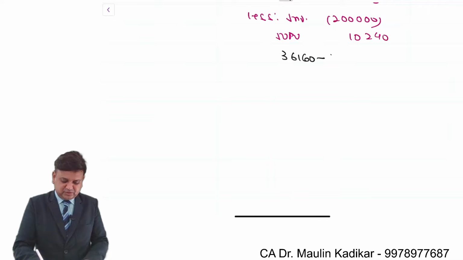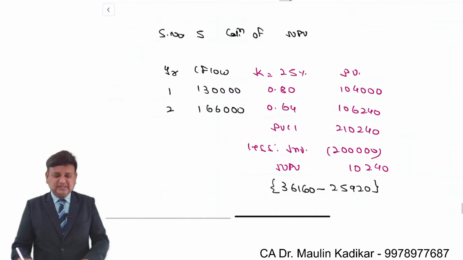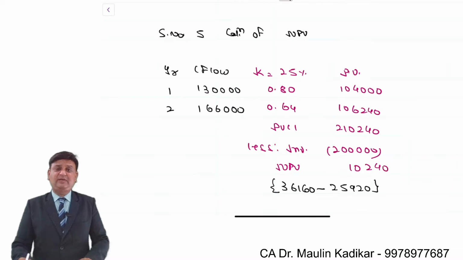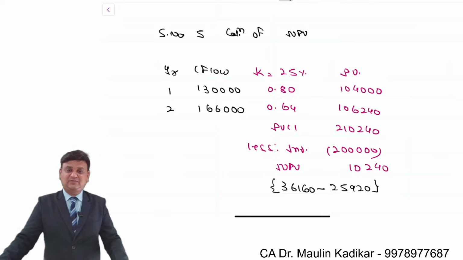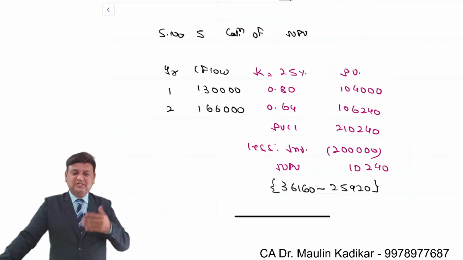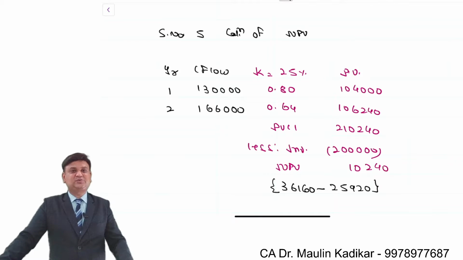Friends, this is a very basic and simple question where we can cross verify the answer. Every time such cross verification would not be possible, so just understand that the incremental approach is always going to give you the correct decision.